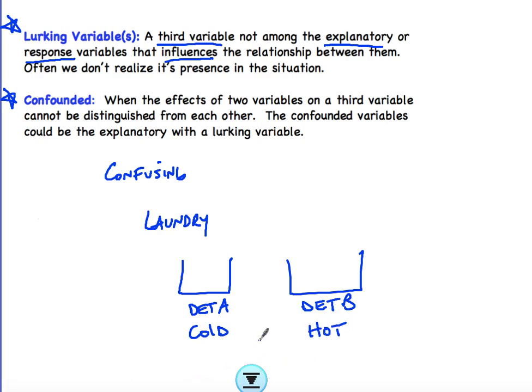Okay, so there's going to be confounding involved here because I don't know if my results are due to the detergent or due to the temperature, because temperature also affects how your laundry cleans. So temperature would be confounded with detergent type.